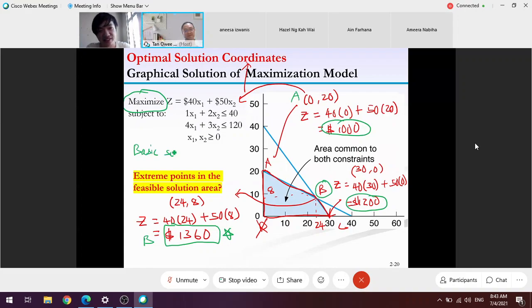The solution for this linear programming is to produce 24 ball and produce 8 mark. With this product mix, with this combination of quantities, you're going to have a profit of 1360.